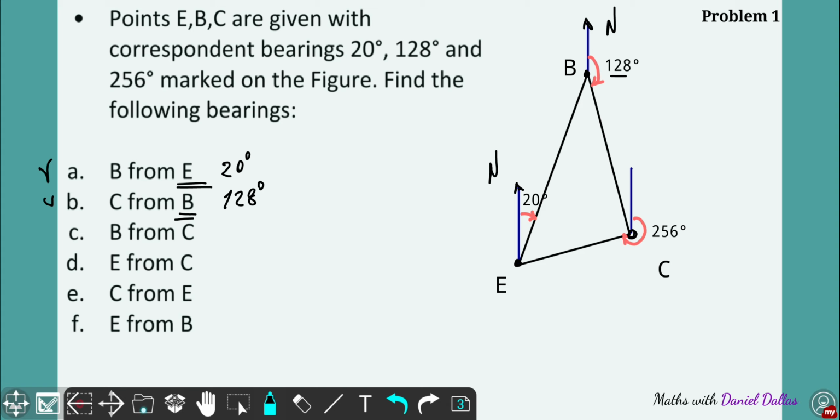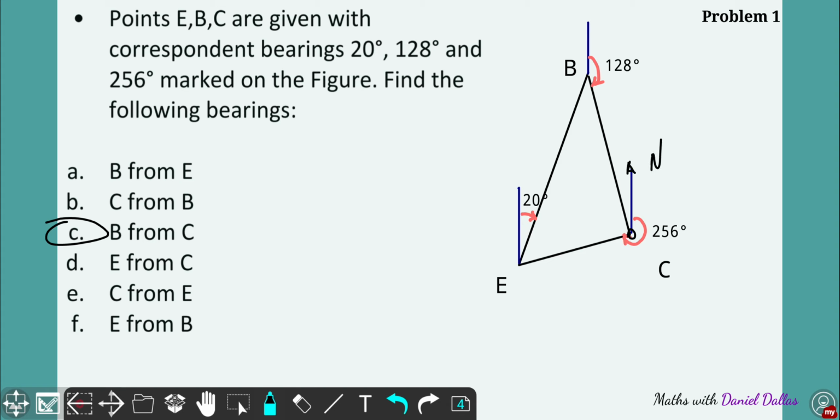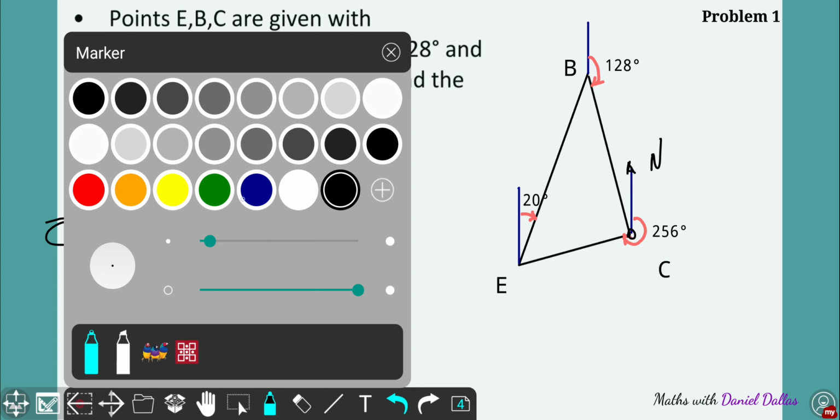Okay, so we are on question C right now. You need to find B from C. C is the starting point, and B is the point of destination. So you set up the north direction right there at the point C, because you want to measure in a clockwise direction until you reach the segment BC. Where is your angle? I mark it as the blue one.